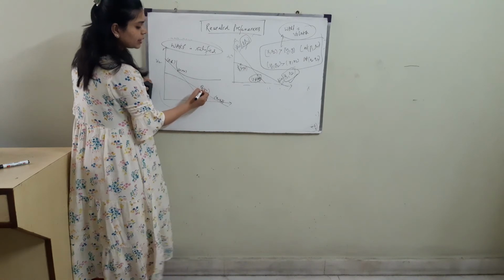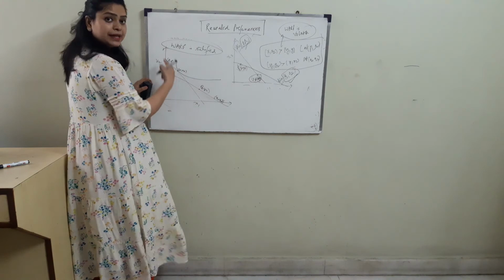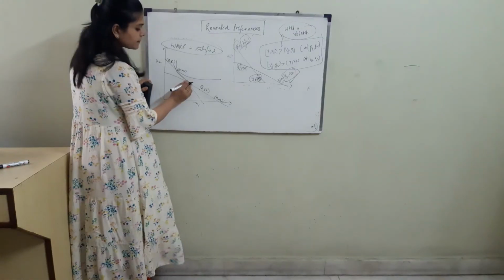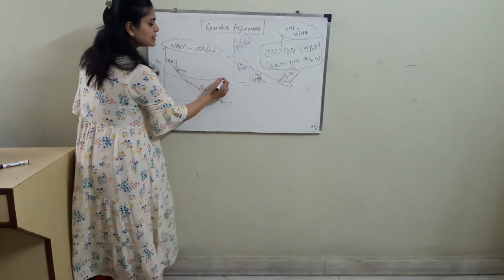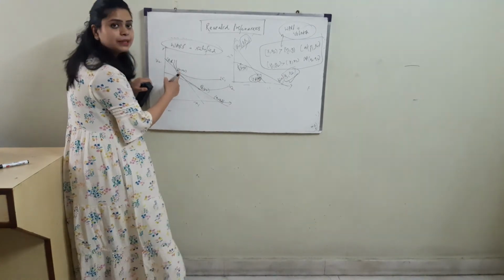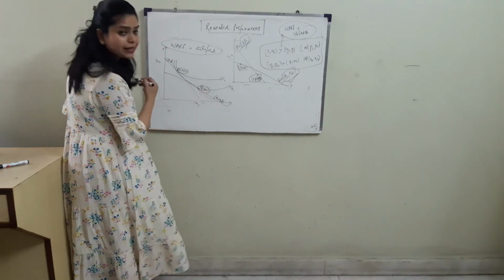Suppose Y1, Y2 lies at this point, and here I am plotting indifference curves, and the indifference curve is lying below this. So suppose this is IC1, this is IC2. On IC1 he is optimizing at the X1, X2 bundle, and on IC2 he is optimizing at bundle Y1, Y2.